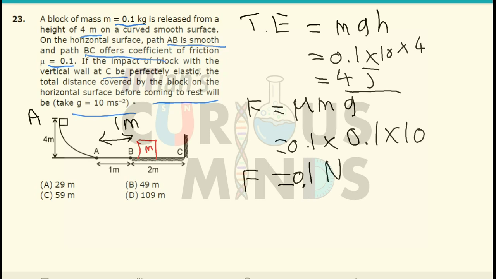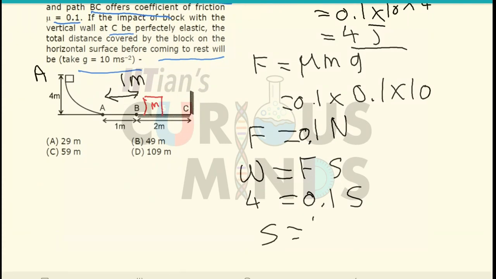So how much displacement can it make before the energy is totally consumed? The work done will be equal to force into displacement. The force is 0.1, the work is 4, the displacement is s. So s is equal to 40 meter. So totally it can travel a distance of 40 meter on this rough patch.